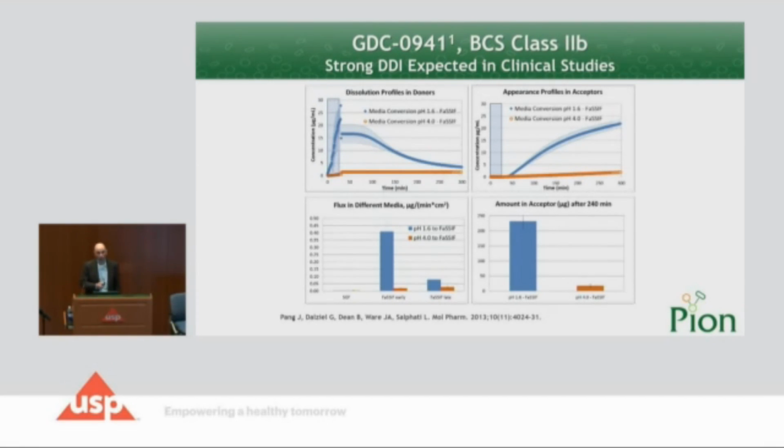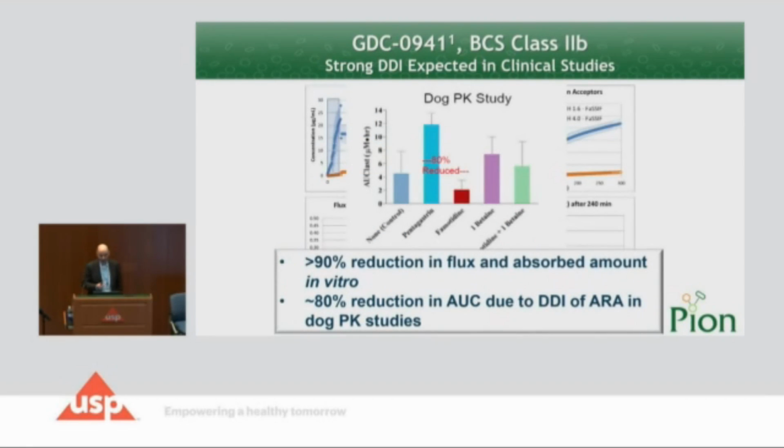More importantly, we detected about 90% reduction in flux and absorbed amount in the in vitro assay, and it was about 80% reduction in AUC due to drug-drug interaction in dog PK studies. It was very encouraging to us that it was not only a qualitative comparison, but the quantitative data was also quite relevant.